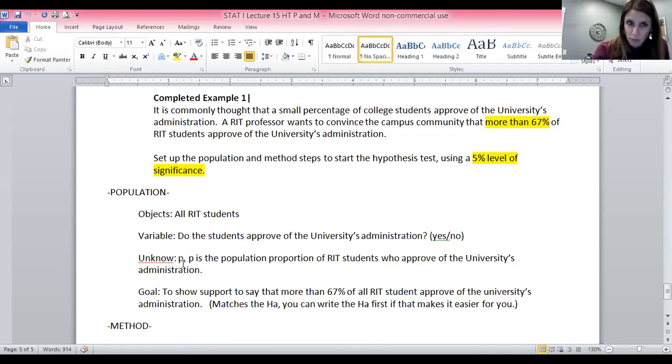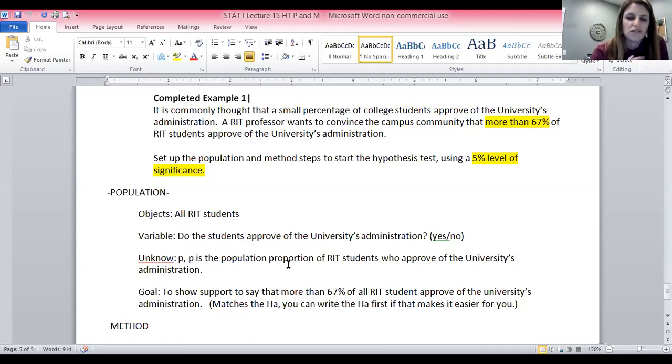It's my population proportion. I want you to define P at this point. So I'm very picky about this, and I really like you to write it out nicely. So what you're going to do here for your unknown, you're going to take what you picked for your objects. It's not like you're choosing, it's out of the problem, right? And what your variable is, and you're going to put them together in the statement for my unknown to define P. P is the population proportion, right?